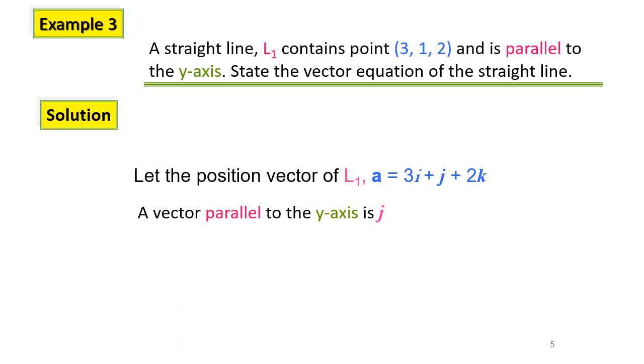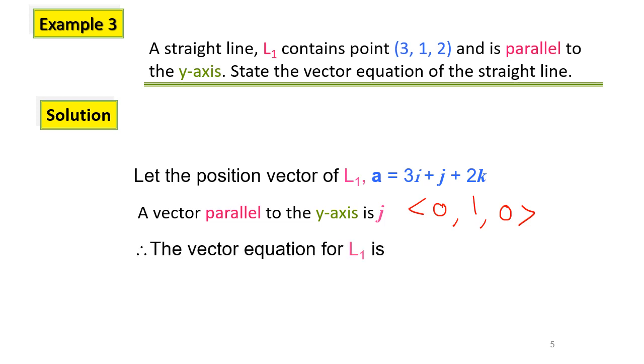In other words, we can write v as (0, 1, 0). From here, we write down the vector equation of L1. We know r = a + tv. v is only j, so we substitute a and v, that is (0, 1, 0). That's our answer for example 3.